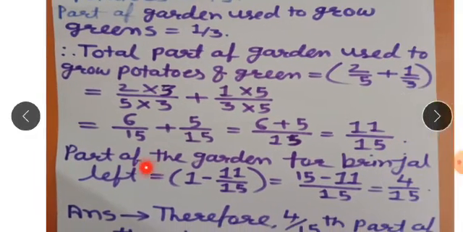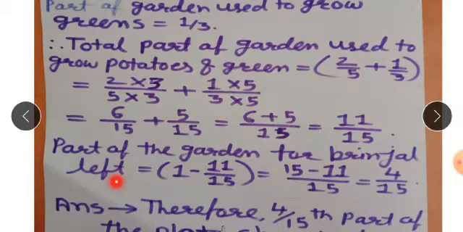Therefore part of the garden for brinjal left: one garden complete, and of that one complete garden 11 upon 15th part was used to grow potatoes and greens. Therefore we have to subtract 11 upon 15 from 1. Therefore 1 minus 11 upon 15.